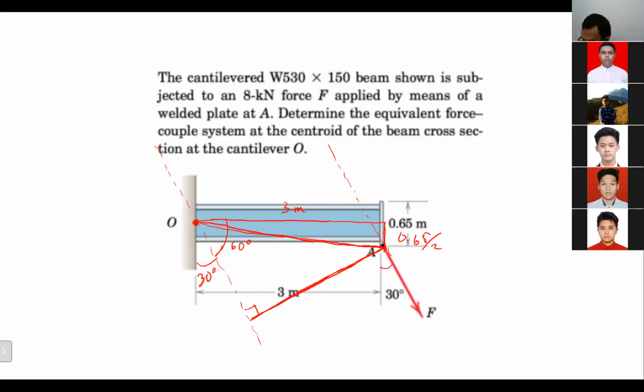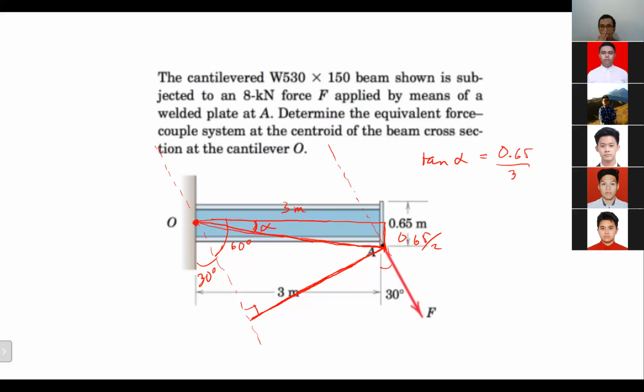So in that case, we can try to find this small angle, which we call alpha, because we have 0.65 divided by 2 and 3 meters there. So tangent alpha is equal to 0.65 divided by 3.